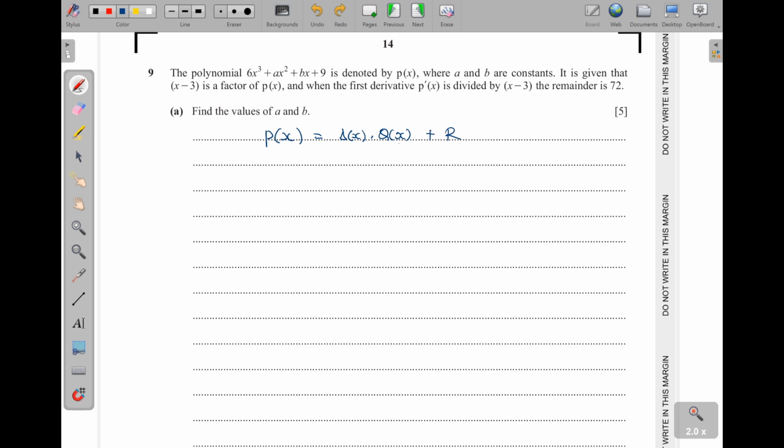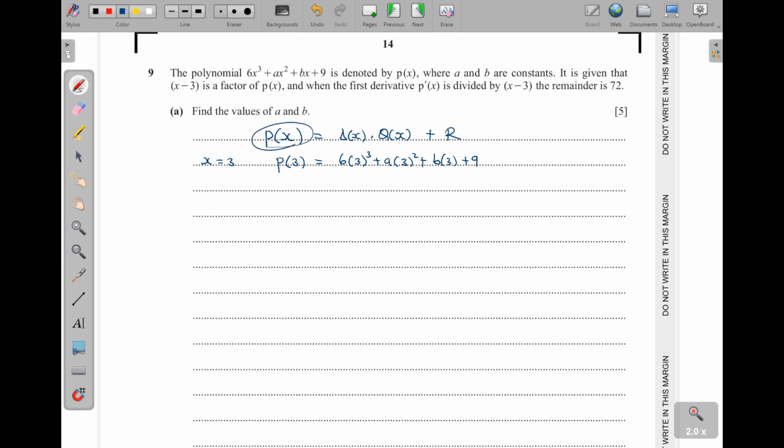If it's a factor, then the remainder is 0. So if I equate the divisor to 0, x is equal to 3, then p of 3 is equal to 6 times 3 cubed plus a times 3 squared plus b times 3 plus 9.